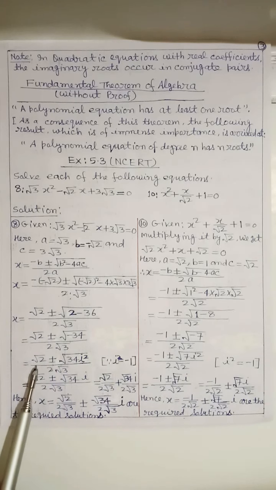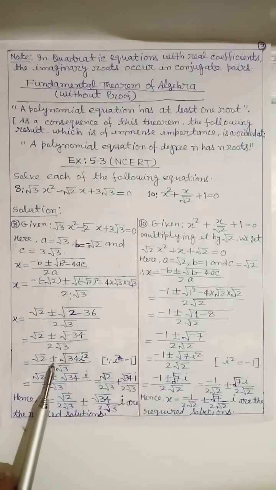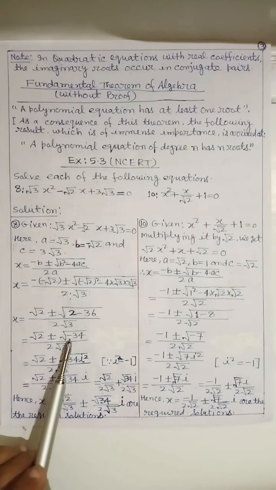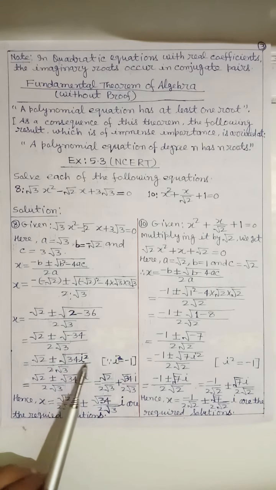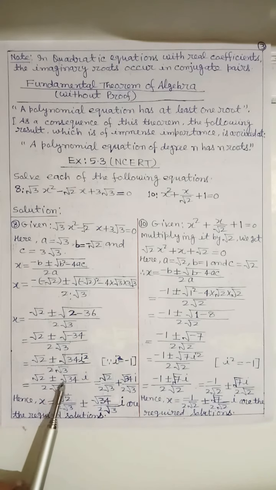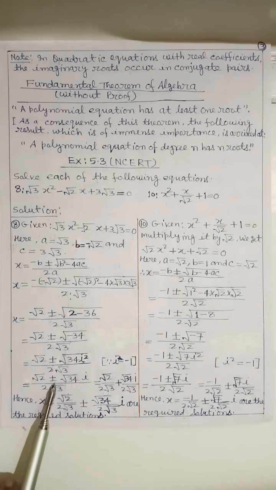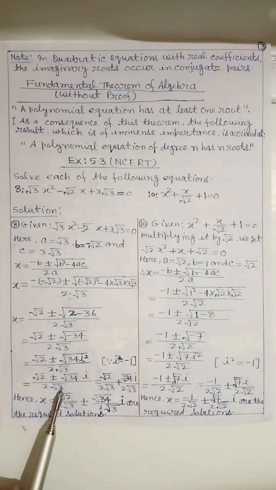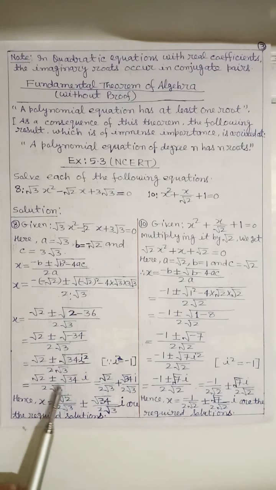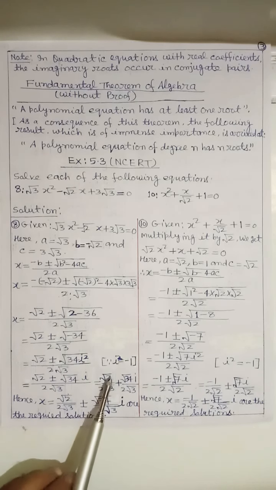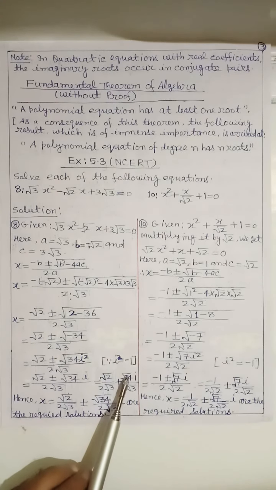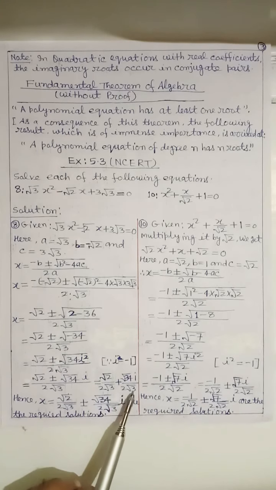This can be written as root 2 plus minus square root of 34 i square. For minus 1, we can write i square, and we get root 2 plus minus root 34 i by 2 root 3. If we separate the numerator, we get root 2 by 2 root 3 plus root 34 by 2 root 3 i.